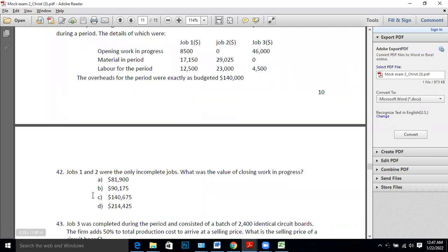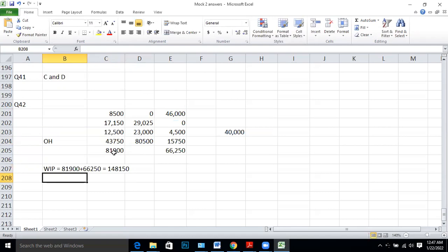Let's check. Job 1 and job 2 are incomplete. Sorry, it's not job 3. Job 1 and job 2. So I have to take 81,900 and 132,525. Wrong figures I had taken.